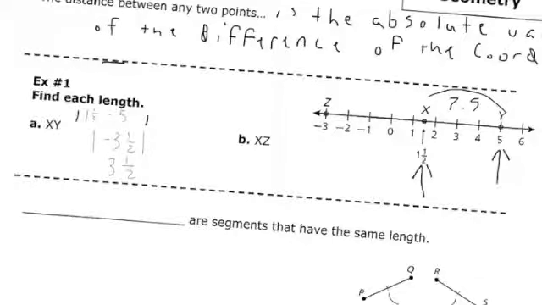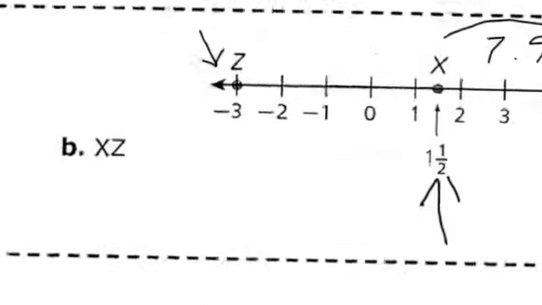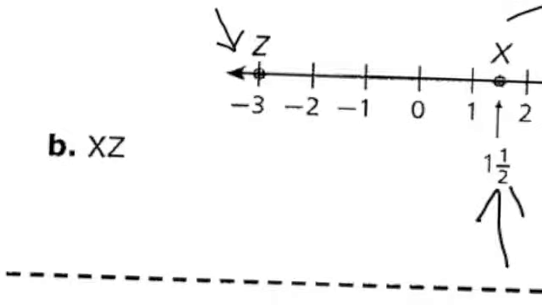Let's take a look at XZ. We know that X is still 1.5, and we know that Z is minus 3. So we have our absolute value signs, X is 1.5 and Z is minus 3.